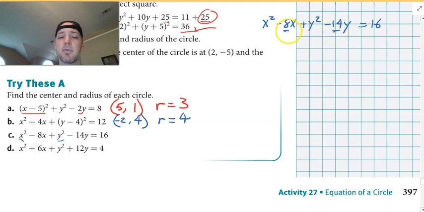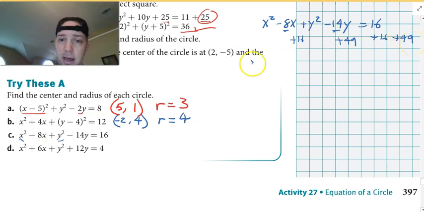So to complete the square for the x terms, half of b is negative 4. Negative 4 squared is 16. I would need to add 16 to both sides. And to complete the y square, I would need to take half of b, which is 7. 7 squared is 49, so I need to add 49 to both sides.